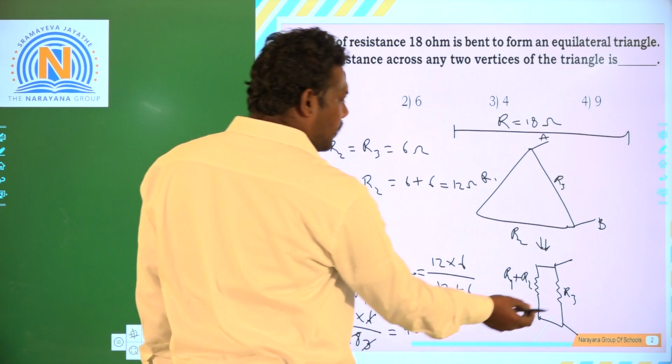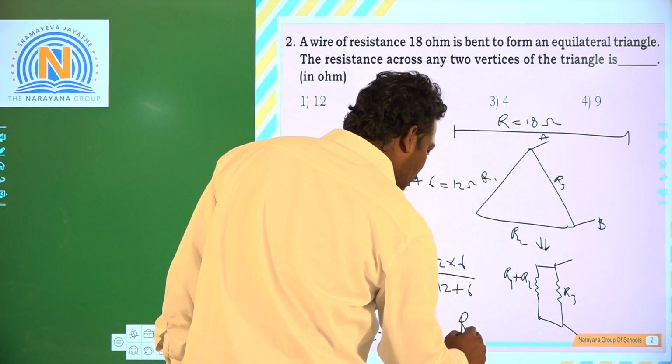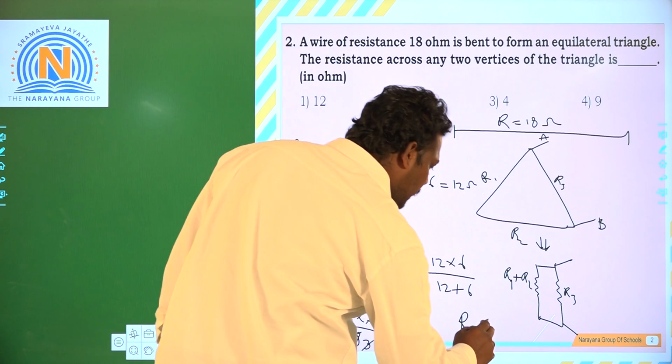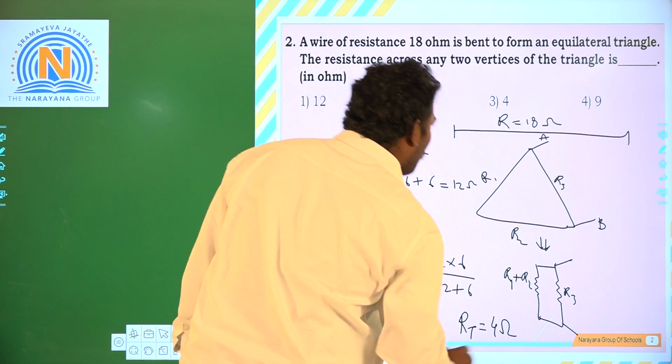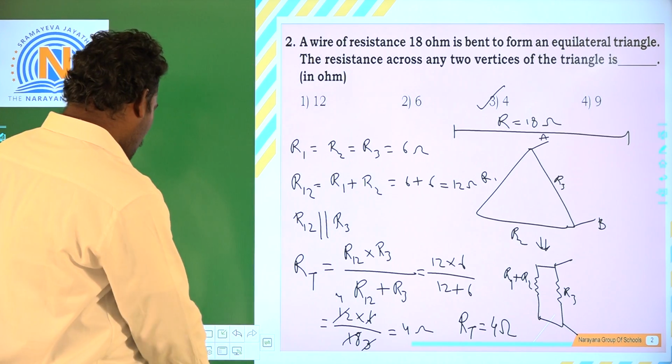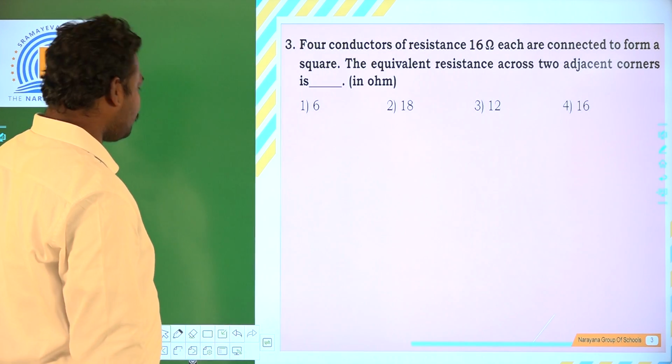So the final total resistance between any 2 vertices of the triangle is 4 ohms. Now let us get into the third question.